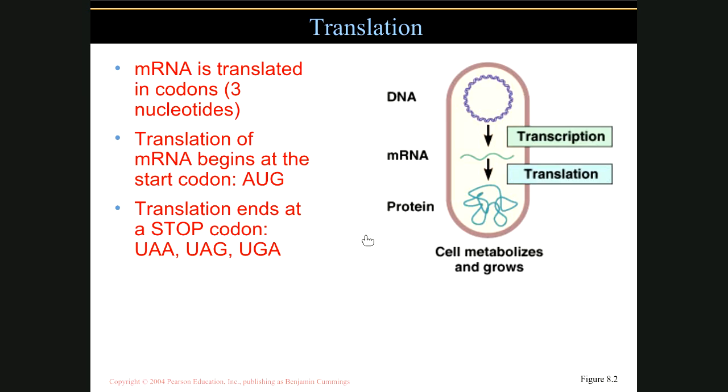And remember, there are some special codons like AUG, which is the start codon. So all proteins start with AUG. And there are 3 stop codons, UAA, UAG, and UGA. So the ribosome needs to know where to start translating, and that's AUG. And the ribosome needs to know where to stop translating, and that's one of those 3 stop codons.